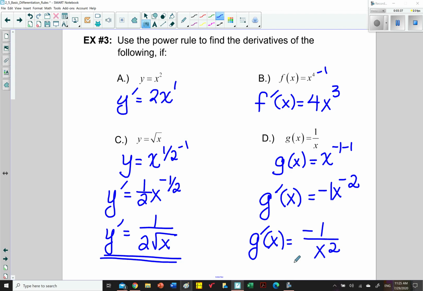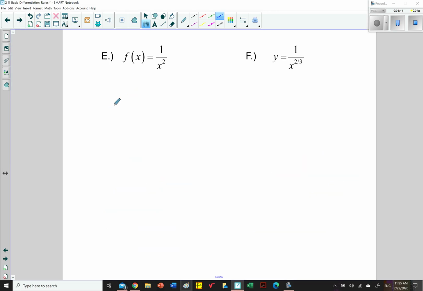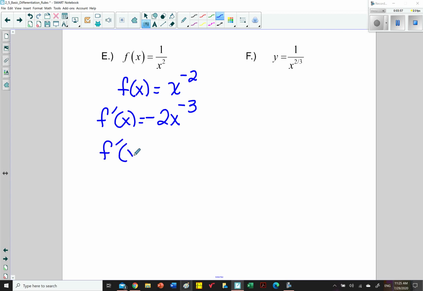So the power rule. A couple more on this one. F of x is 1 over x squared, or x to the negative 2 power. So f prime of x is negative 2x to the negative 3, which can be rewritten so that the power is positive. Negative 2 divided by x cubed.